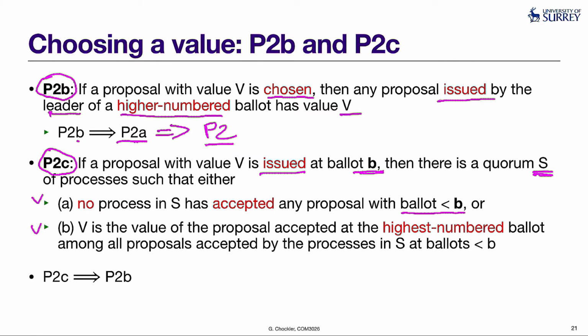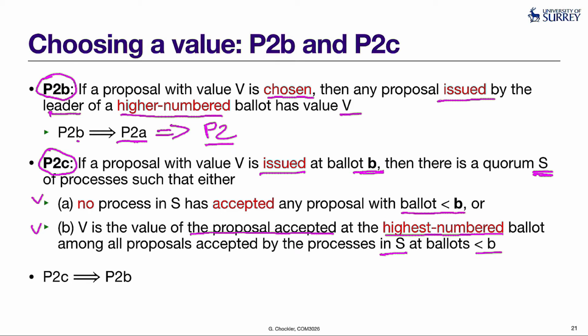And so it says that in this case, V is the value of the proposal accepted at the highest numbered ballot among all the proposals accepted by the processes in S at ballots less than B.